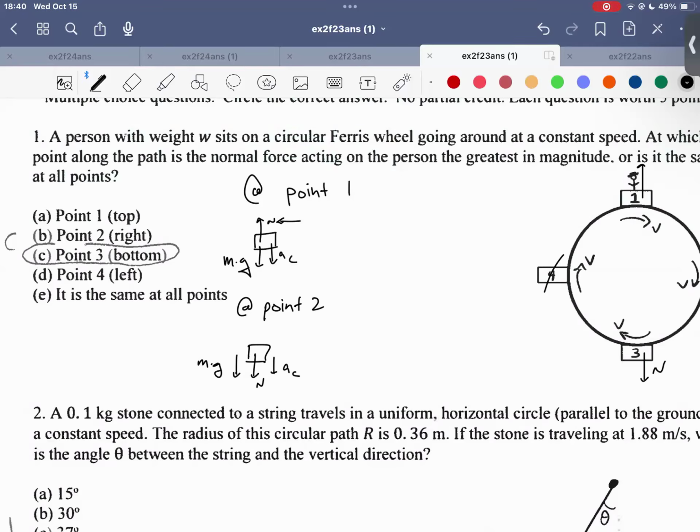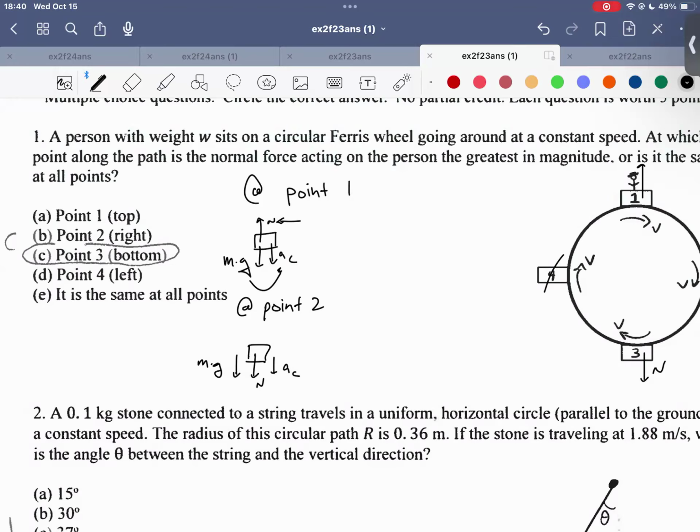But if you remember, centripetal acceleration is not a force; it has to be supplied by something else. When you look at point one, mass times gravity is going to apply a lot of what it normally would exert against the normal force to centripetal acceleration, and that's going to lessen your normal force.